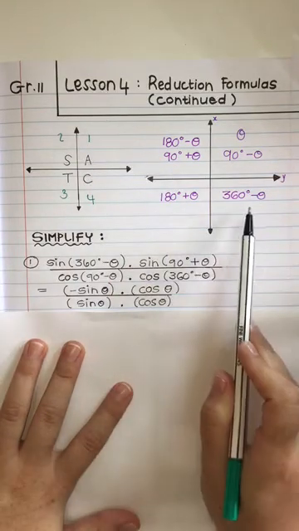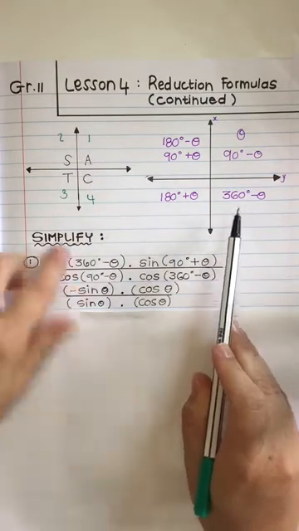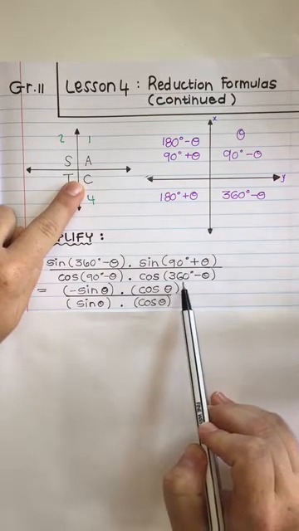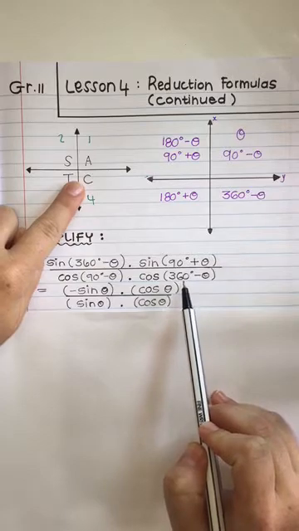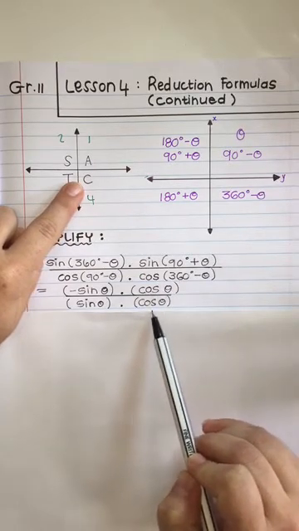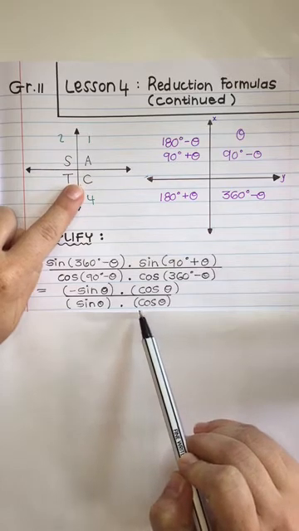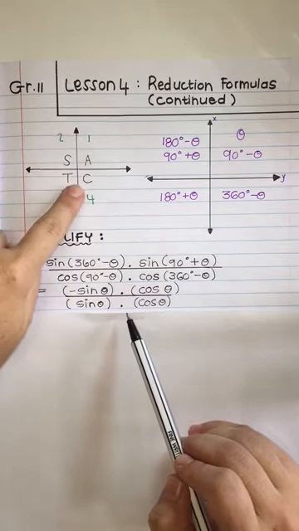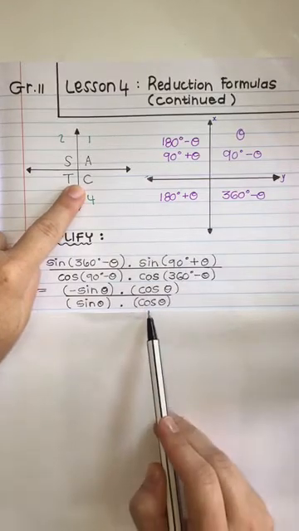This one falls into the fourth quadrant, where cos is positive. And when we use the 360 degree angle in the reduction formulas, cos stays the same. We only have to change the positive to a negative or negative to a positive depending on which quadrant it falls in, but over here cos stays positive.